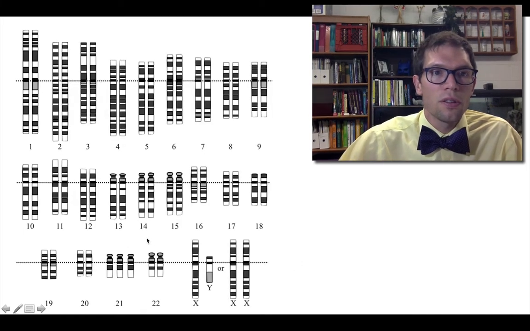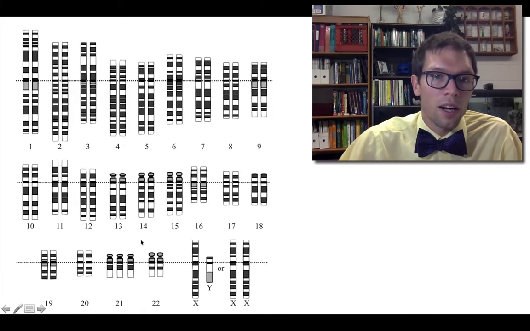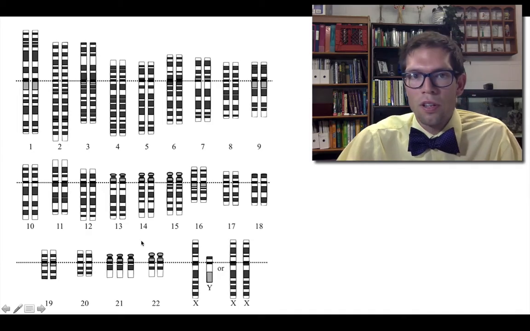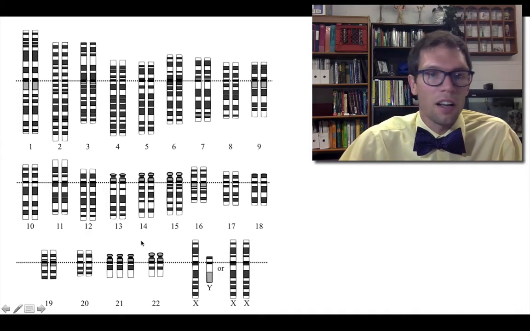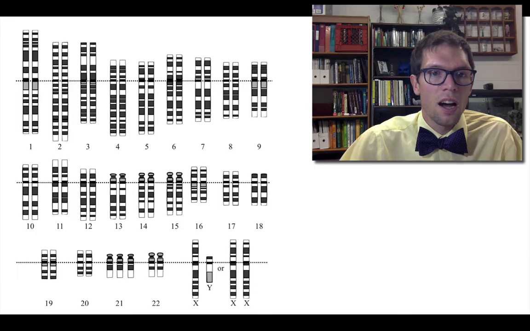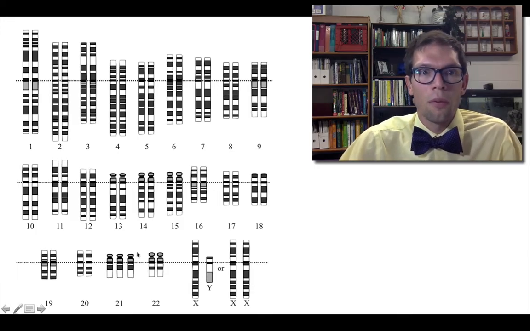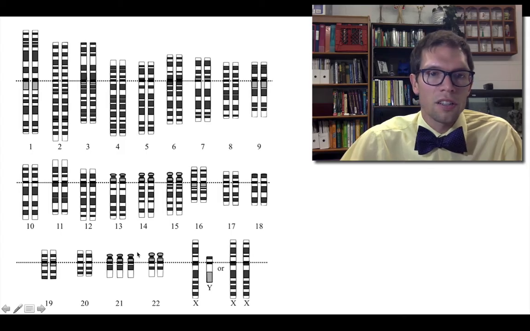Well, it is possible to have the wrong number of chromosomes. This is due to non-disjunction events that can occur during meiosis. And then when you have fertilization, if one of the numbers of chromosomes is wrong, you can end up with an extra set of chromosomes. Usually this is a lethal situation.